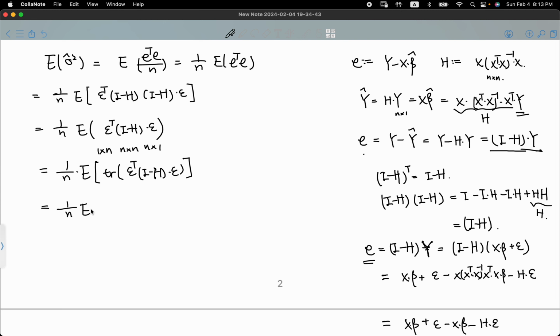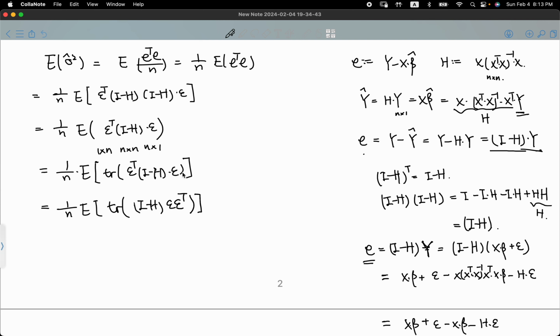Next, the cyclic rule for the trace operation. Move this to the end. So epsilon epsilon transpose, inside the trace, inside the expectation. You can only perform this transferring of the order in a cyclic way.